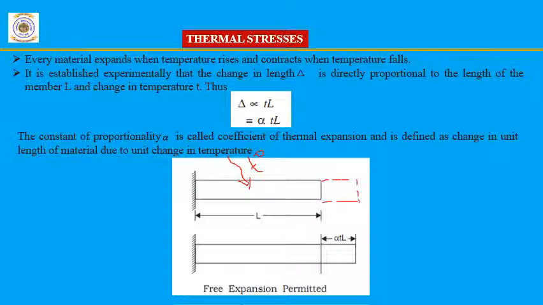There are no stresses induced in this type of material, because the basic definition of stress is resistance offered by the body against deformation. But here there is no resistance against the expansion of the material. So we got the expansion of material alpha into T into L. Therefore delta is equal to alpha into T into L. Here thermal stresses will not develop.